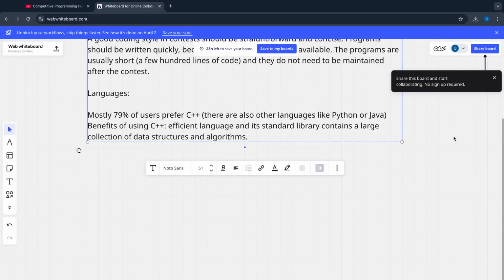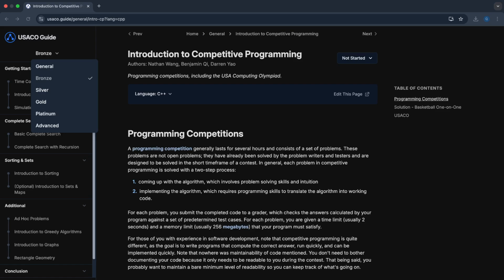Alright, so I will introduce you to some sample websites coders mainly use for learning CP here. So this is USACO, for short, USA Competitive Programming Organization.